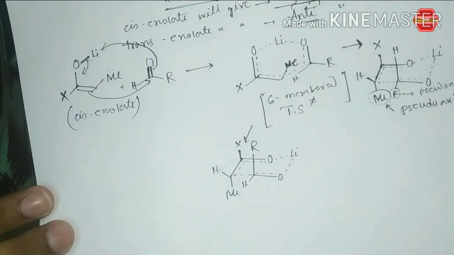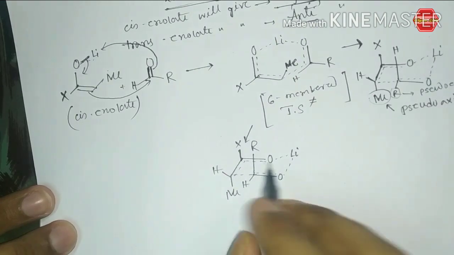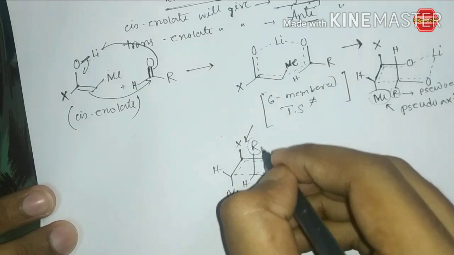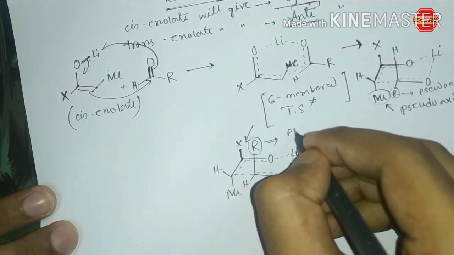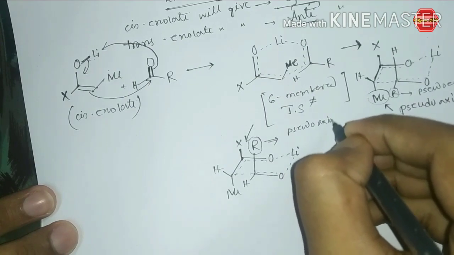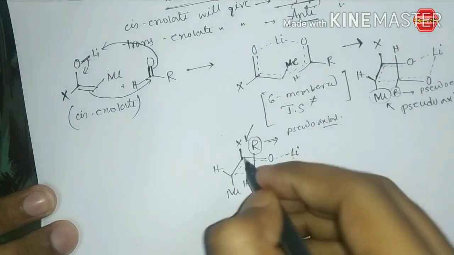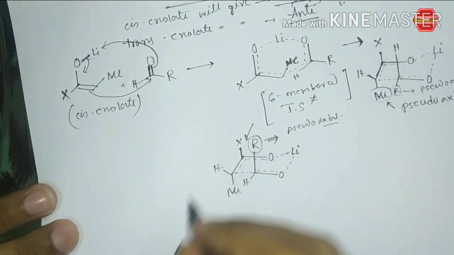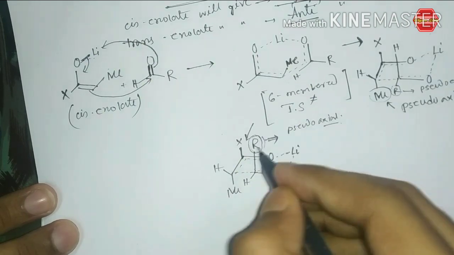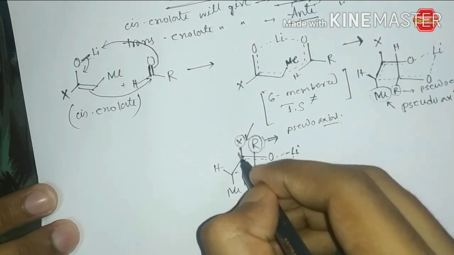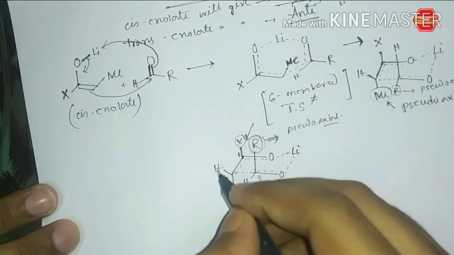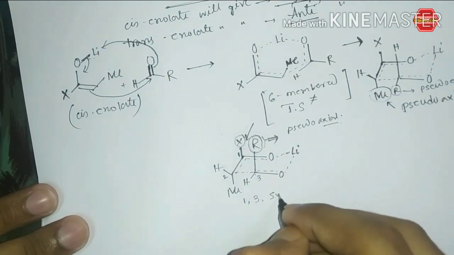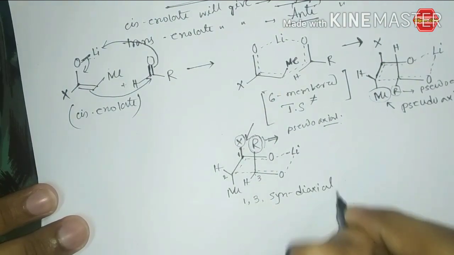This is also another possible transition state, but in this type of transition state the R position is pseudo axial. Now these two positions, this methyl and this R group and this X, I am numbering like this way, 1, 2 and 3, this 3 position. Now you see there is a 1,3 diaxial interaction.